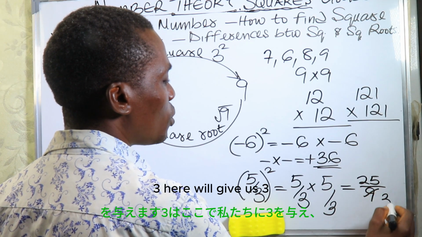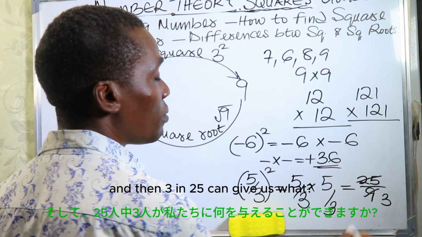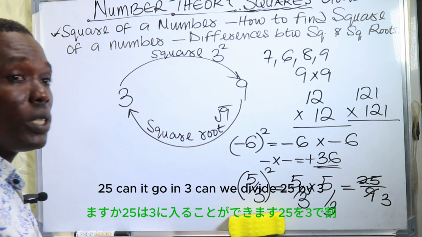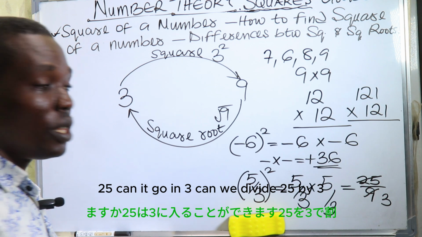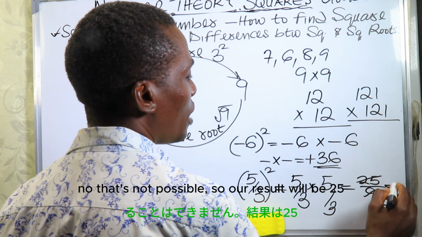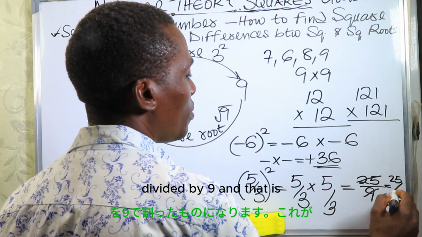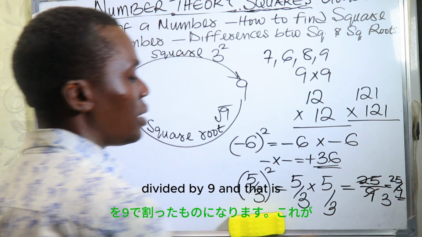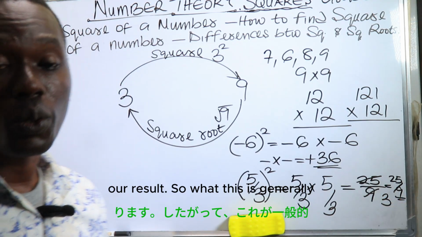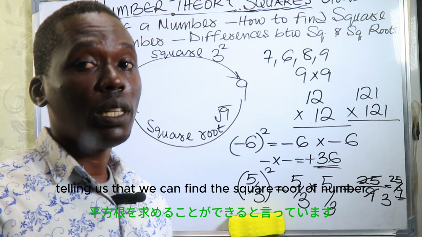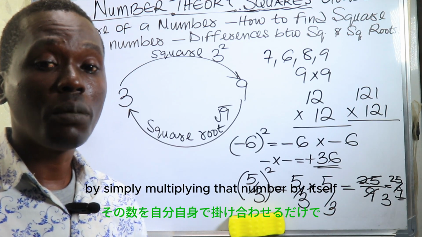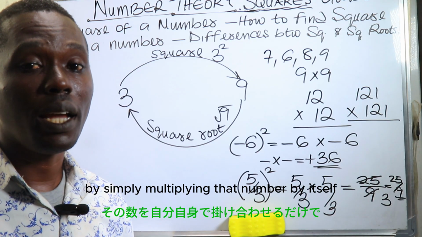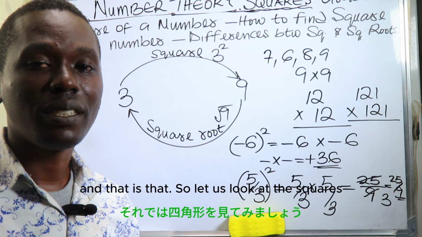Can 3 go into 25? Can we divide 25 by 3? No, that's not possible. So our result will be 25/9, and that is our result. So what this is generally telling us is that we can find the square of a number by simply multiplying that number by itself. And that is that.